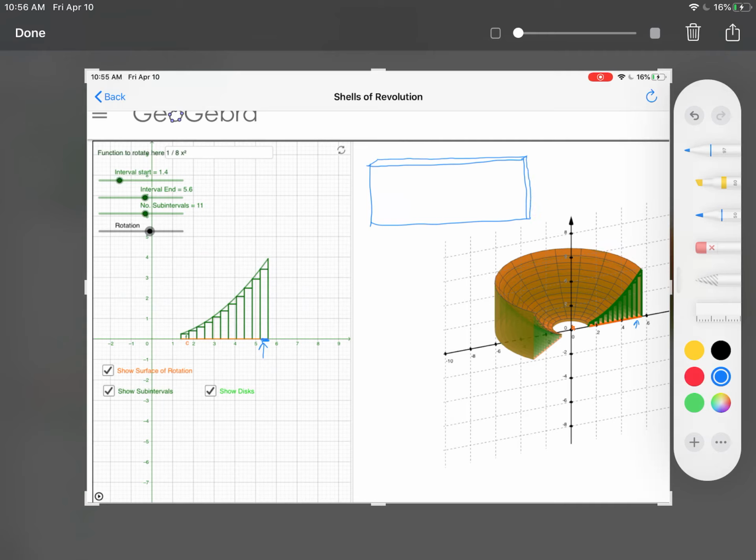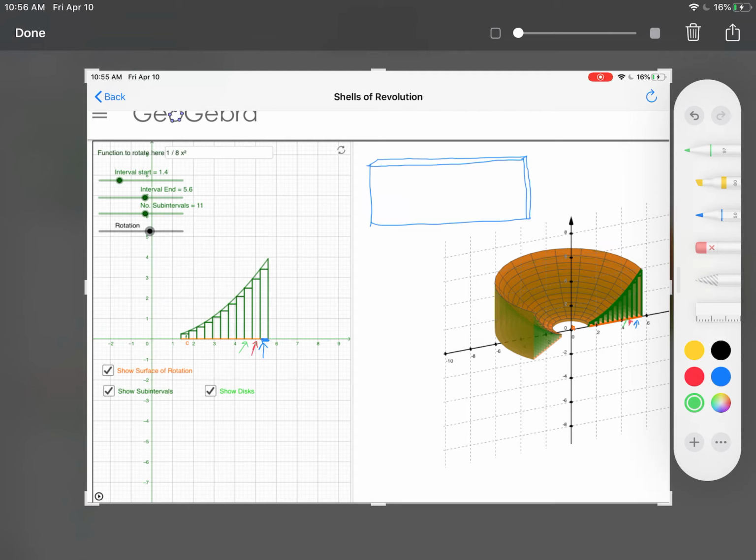We could find the volume of that rectangular prism, and then the volume of the next one, which is the second one in here, and then the third one. We could do all 11 of them and add those together to get an approximate volume.